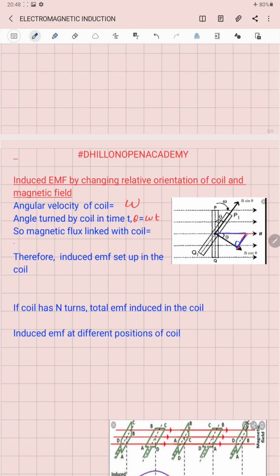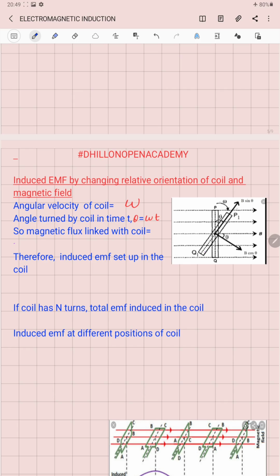Along the coil we will have the component B sine theta, and the other component will be B cos theta, which is directed normal to the surface of the coil, as is also shown in the figure.